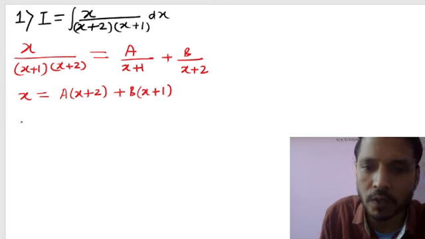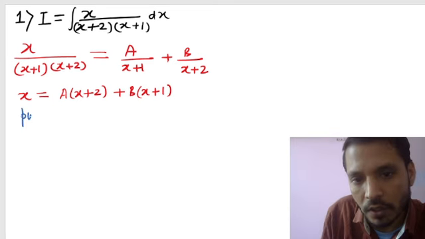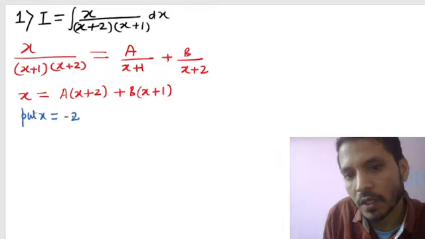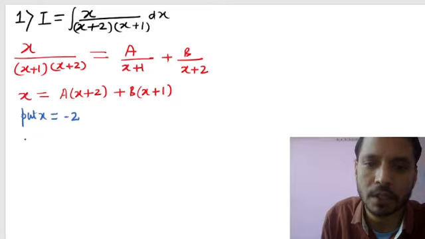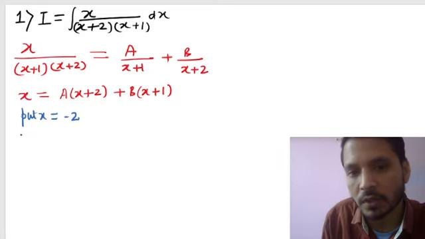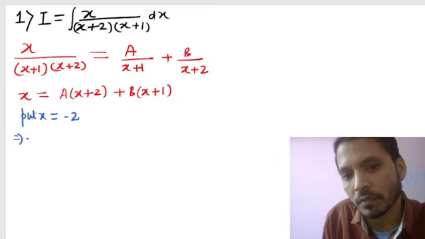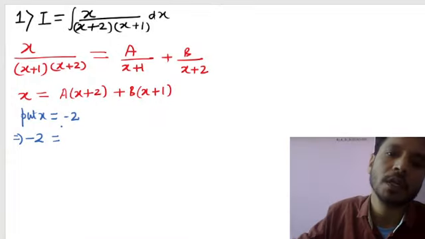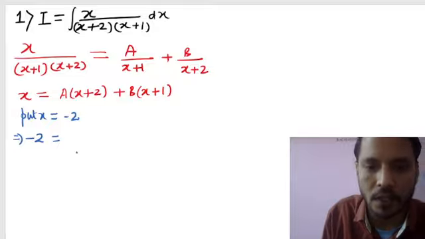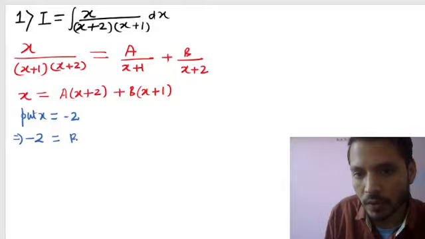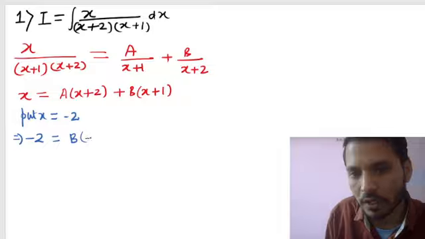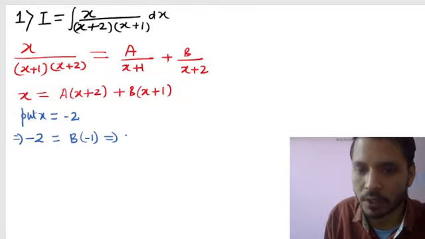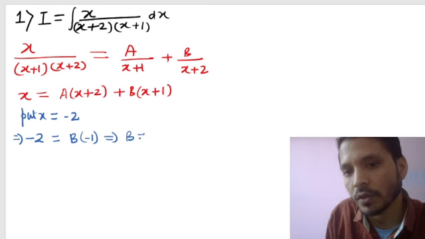Here we can put x is equal to minus 2, so that a will become 0, we will get the b. So x equal to minus 2, that means this will become minus 2 is equal to b into (minus 2 plus 1), that is minus 1. So from here the minus will get cancelled out, b is equal to 2.